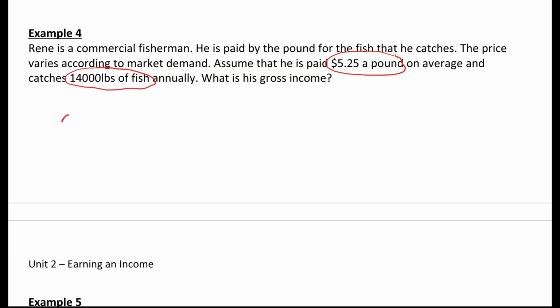Now, the way that we calculate our gross pay is the $5.25 per pound multiplied by the number of pounds of fish, which was 14,000 annually. So that would give them an annual gross income of $73,500.00. Remember to make sure you include your unit, and also it's going to 2 decimal places.